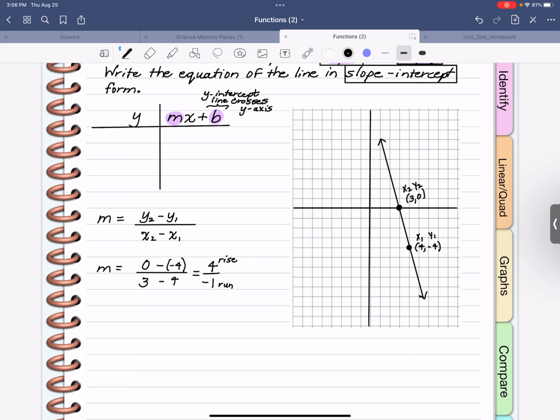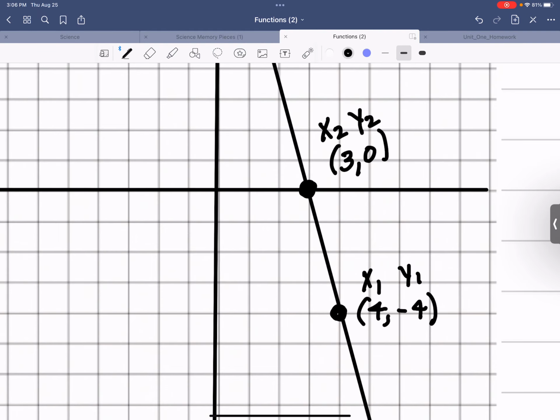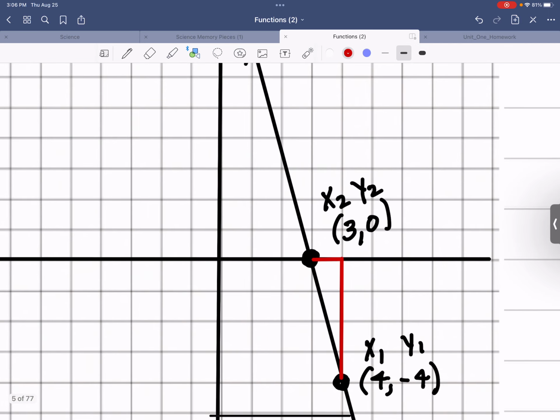So let's see if that plays out here from these 2 points. Let me get a red pen and I'll plot this for you. So it sure does. I rise 4 and I run 1.